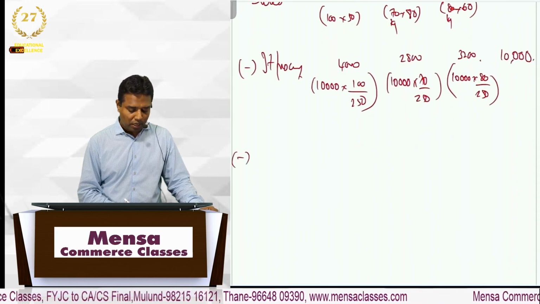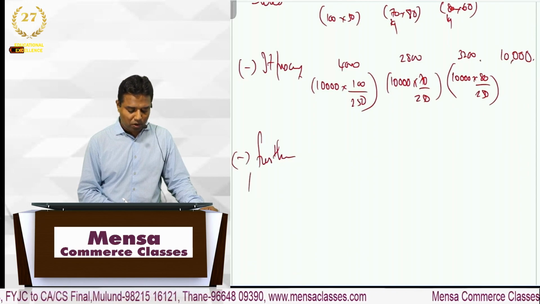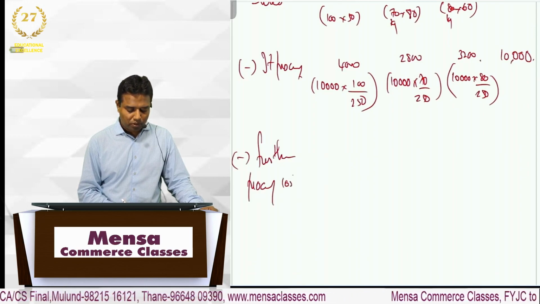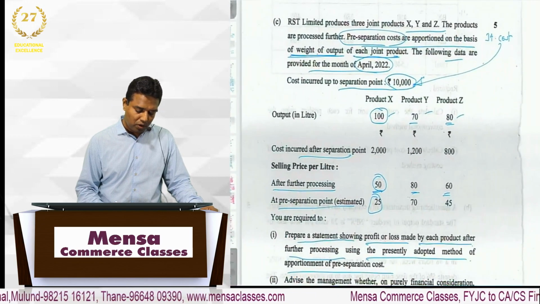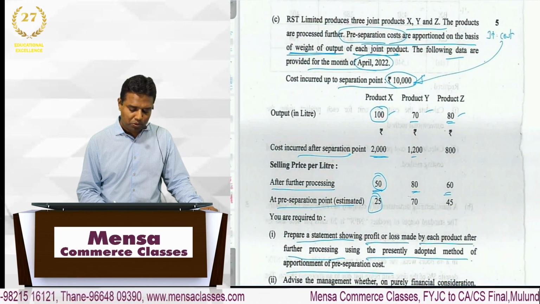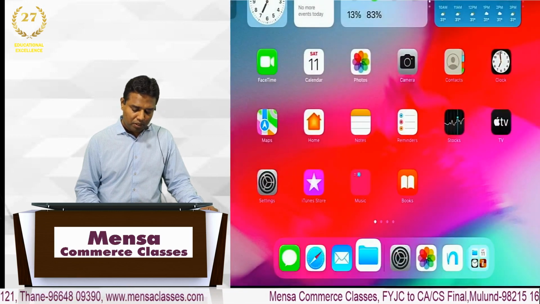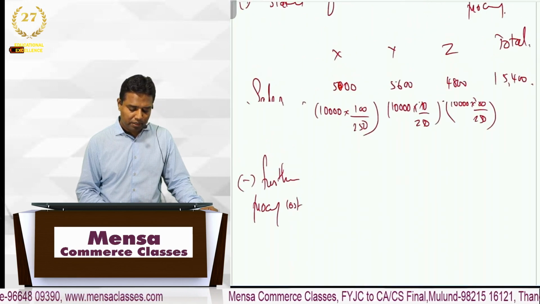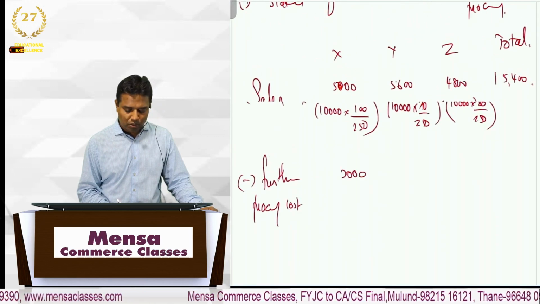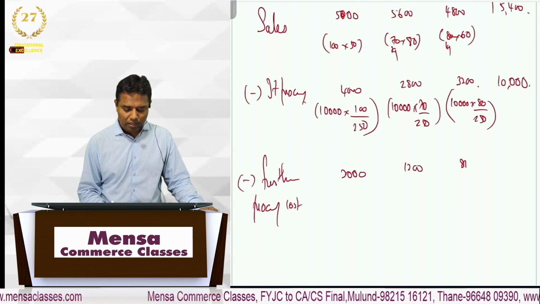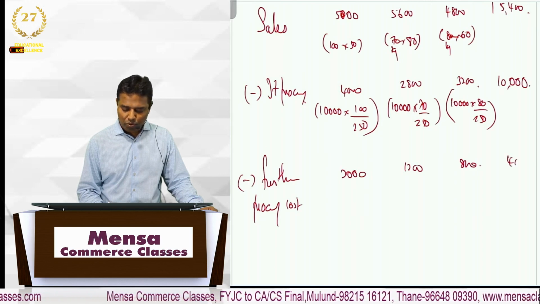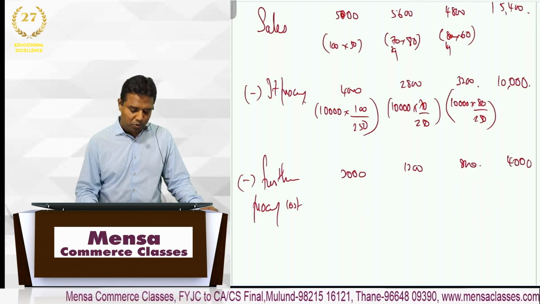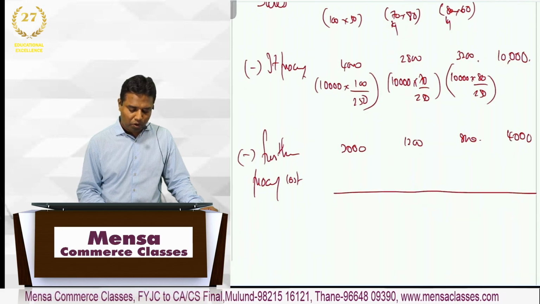Further what? Less further processing cost. How much was the further processing cost? Further processing cost is 2,000, 1,200, 800. So we'll write here 2000, 1200, 800, total will be 4000. So you do the subtraction, you will get profit or loss.